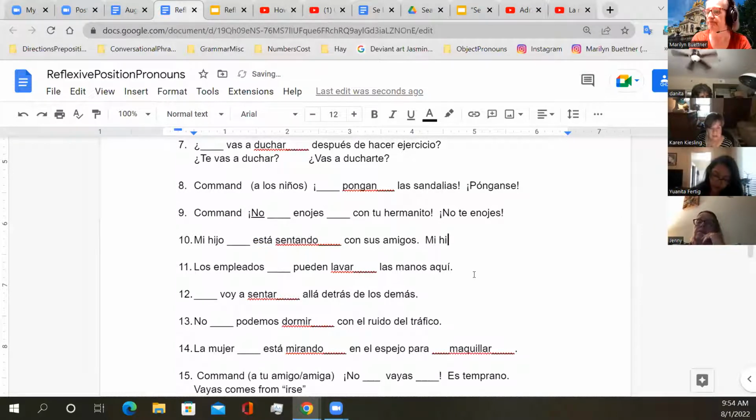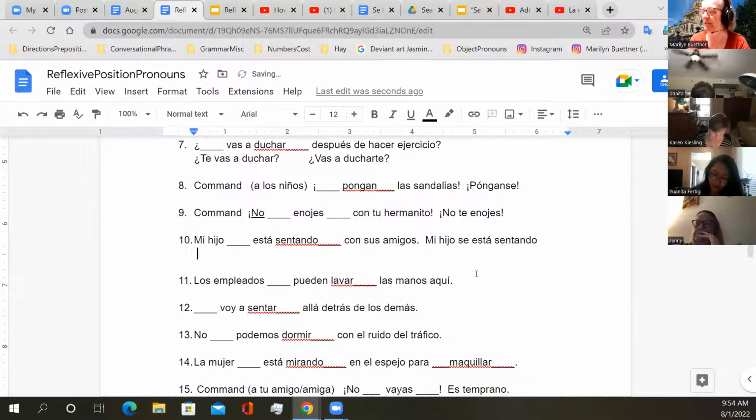Mi hijo se está, perdón, se está sentando, or equally correct, mi hijo está sentándose. Está sentándose. Se está sentando. Two places for that se word are okay because I have the two verbs walking together. Okay.